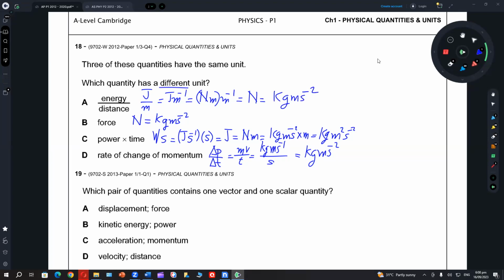Now, the examiner says which quantity has a different unit. I have worked this out here and I want everyone to do the same. A-level MCQs need proper working. You can't guess it directly. So I have worked out every unit.